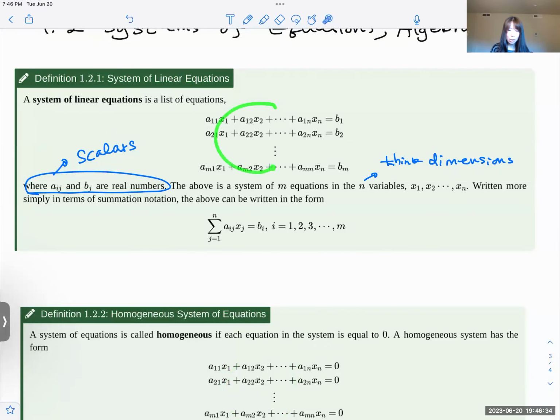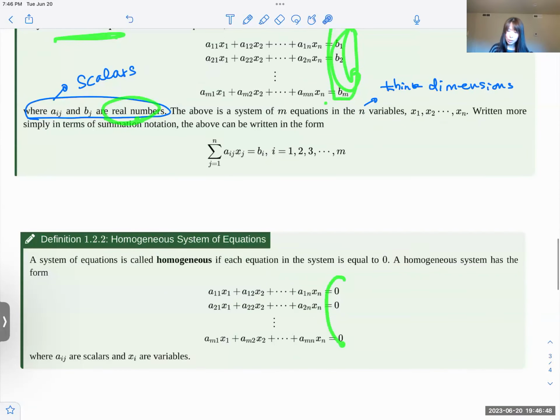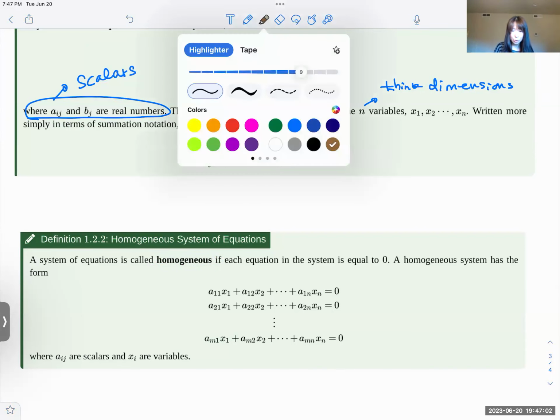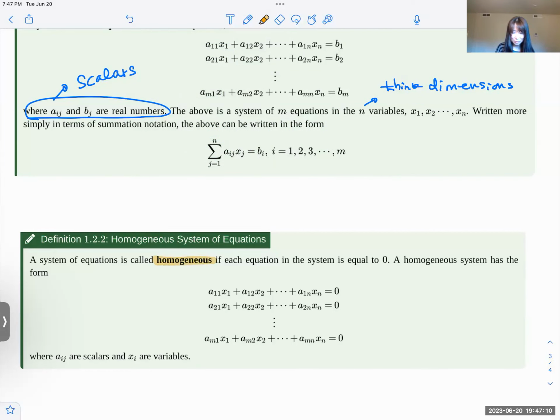In a system of linear equations, we have b on the other side. b is any real number, right? In this case, b is 0. If b is 0, we call this a homogeneous system of equations. That is a terminology. I'm going to ask you once in a while. Homogeneous.